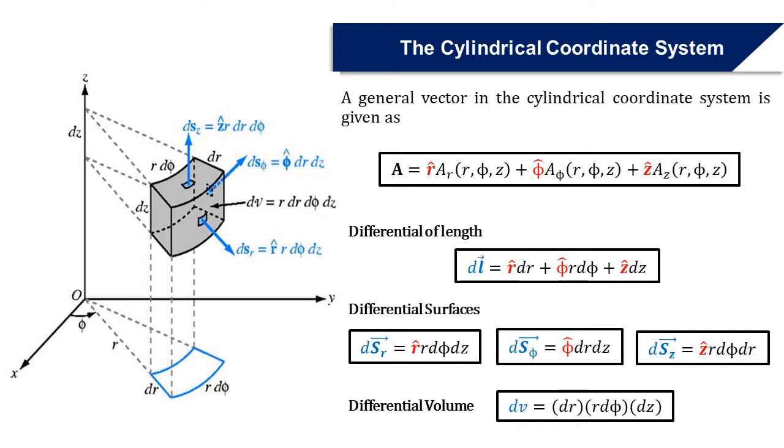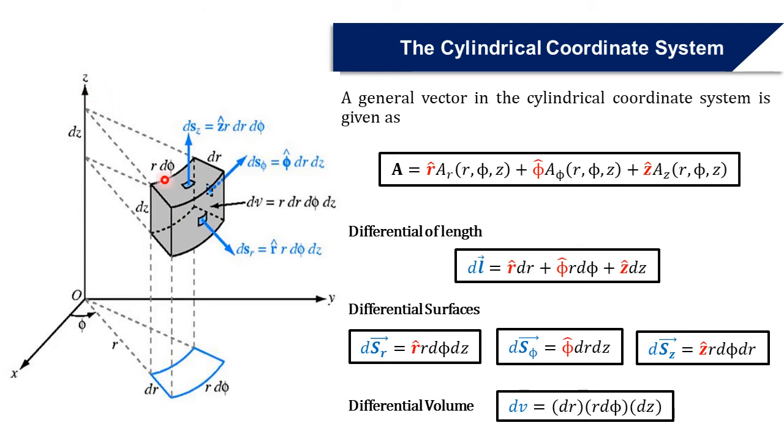Hindi ko na patagalin pa. We have here an illustration on the cylindrical coordinate system. So, ang nadi-describe kasi sa coordinate system are the following components. Kung sa Cartesian, we have the reference axis natin x, and then y, and then z.